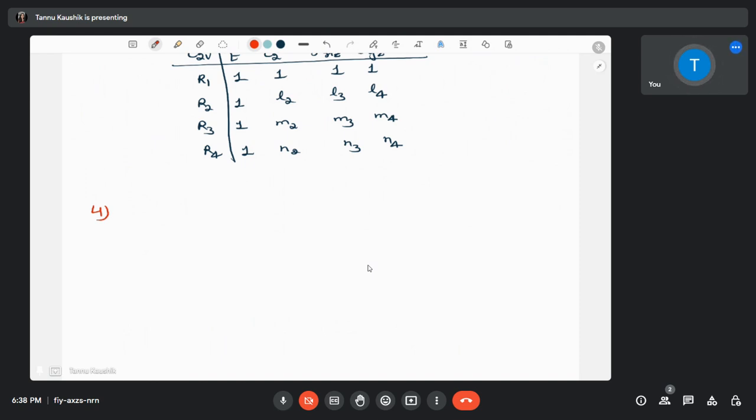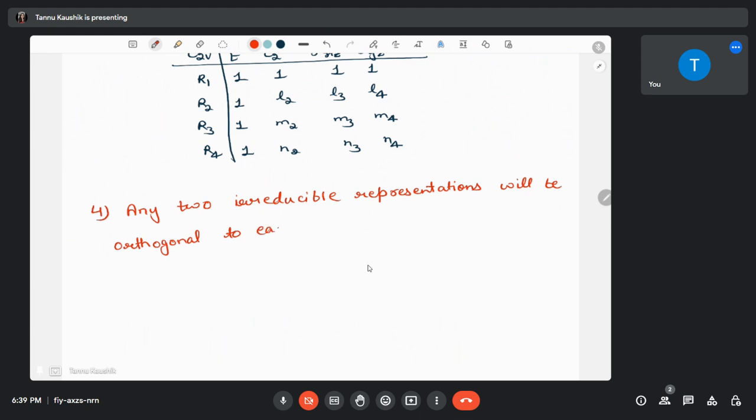So if we take any two irreducible representations of a group, then the sum of products of the characters of these two irreducible representations will be 0.